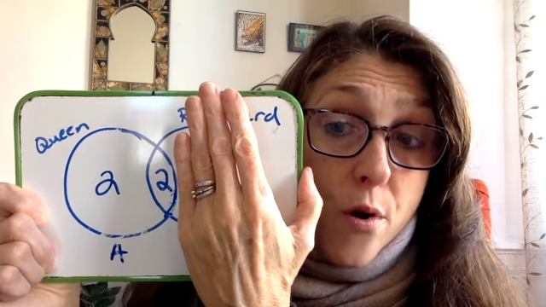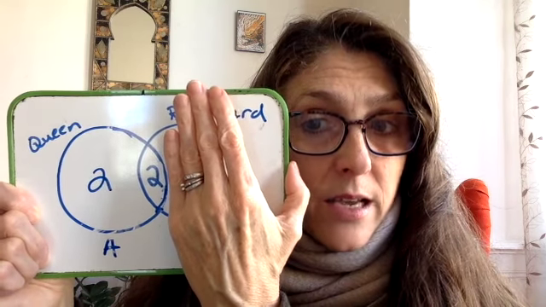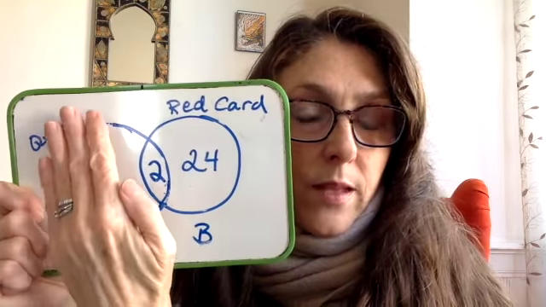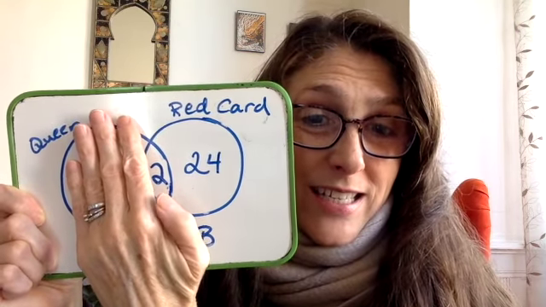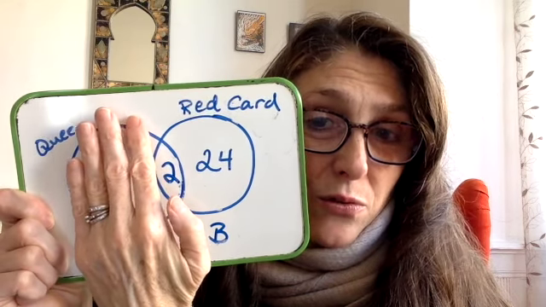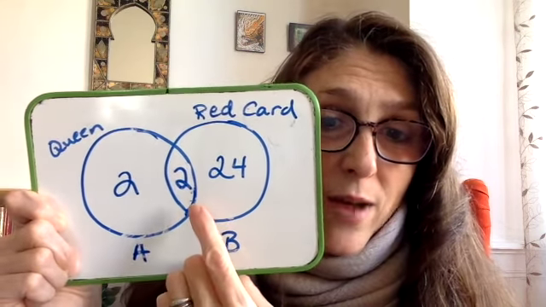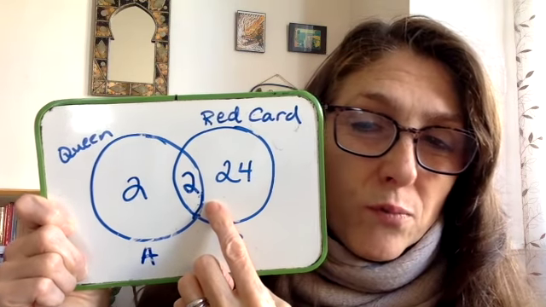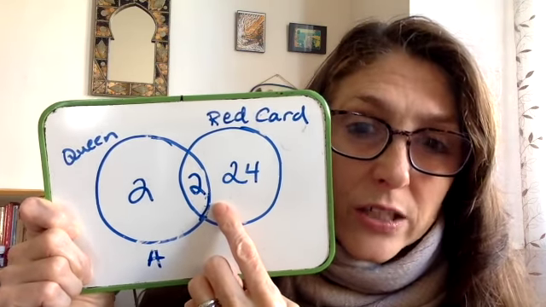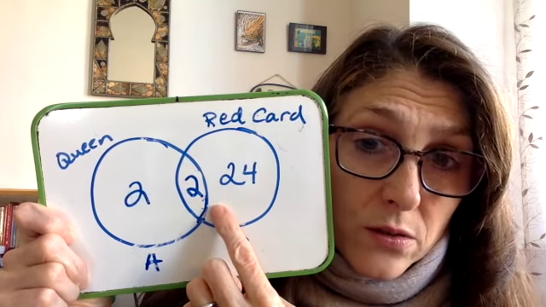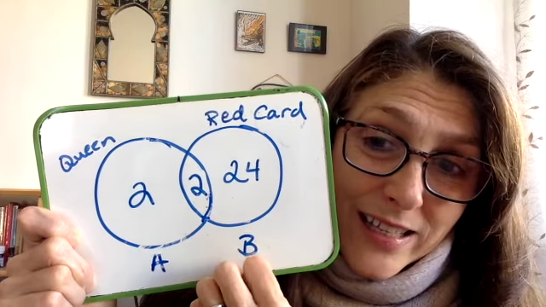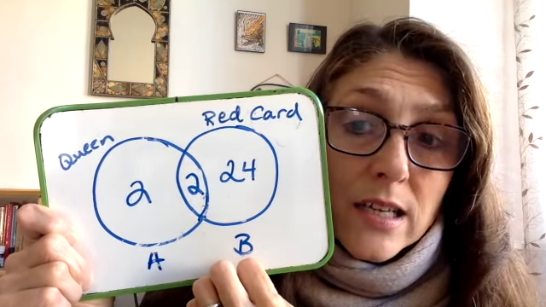When you do OR, you add the probabilities. So 4 out of 52, and then plus 26 out of 52. But what just happened is that you added this number twice. So if you weren't smart and you didn't notice that, you could have gotten 4 out of 52 plus 26 out of 52 is 30 out of 52, and that's not correct.